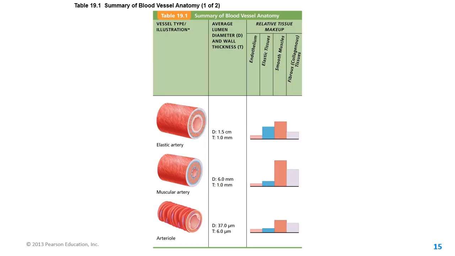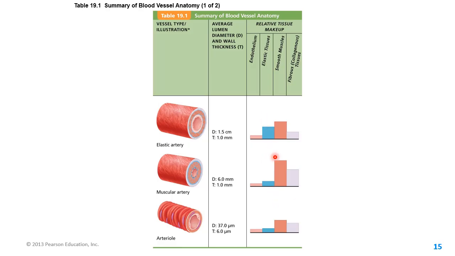Okay. So here is from your book showing the different comparisons from the different types of arteries. And here it is showing you in comparison how big each of these layers are. So if you look here at your elastic artery, you're going to have a lot of smooth muscle and a lot of elastic tissue in comparison to the other arteries.